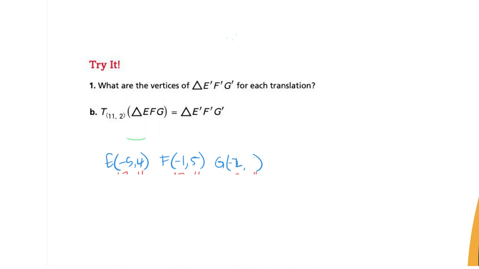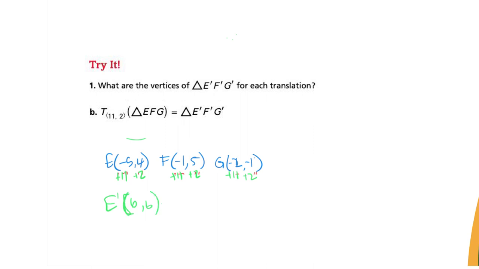All right, so what you should have gotten is plus 11, plus 2, plus 11, plus 2, plus 11, negative 1, and plus 2. So my new points are going to be E prime: negative 5 plus 11 gives me 6, and 4 plus 2 is 6.